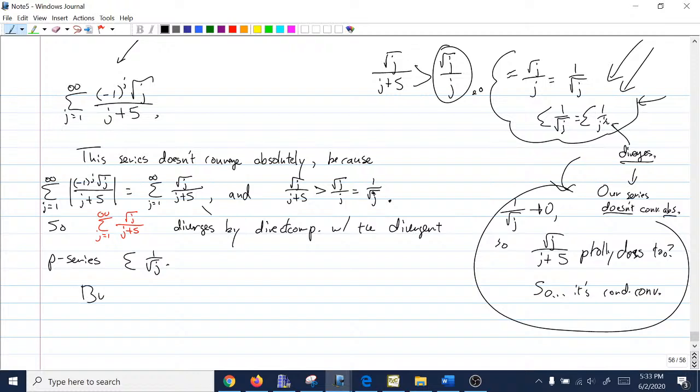But the given series does converge, by the alternating series test. Yeah, I'll write out the words alternating series test.